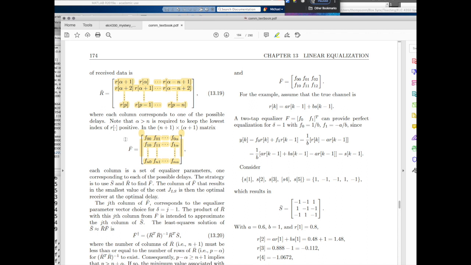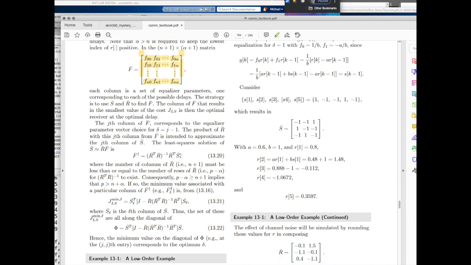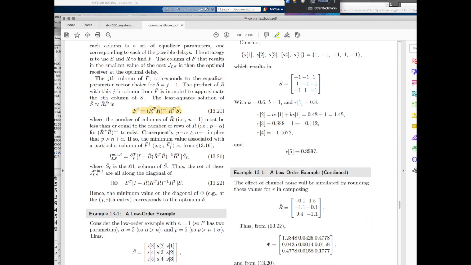We go through this operation and we can calculate the optimal filter for each delta, and then we can calculate the cost function, the important part of the cost function, the phi, and just choose the lowest value that shows up on the diagonal. Once I know the lowest diagonal value, because that's where the cost function is calculated, I can then select which of the filters works with the best delay time.